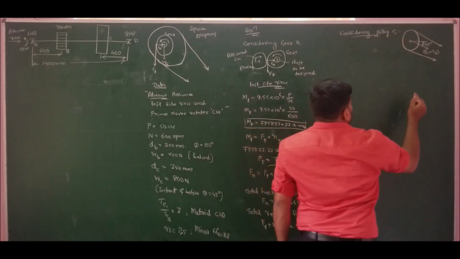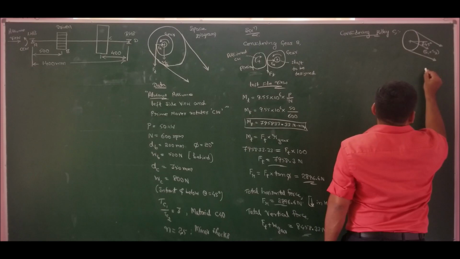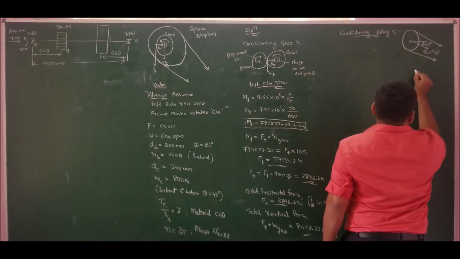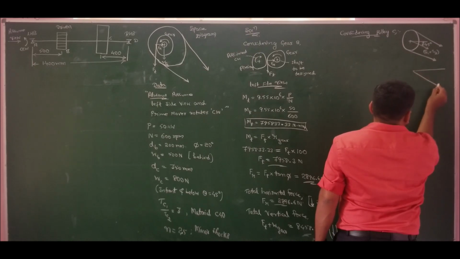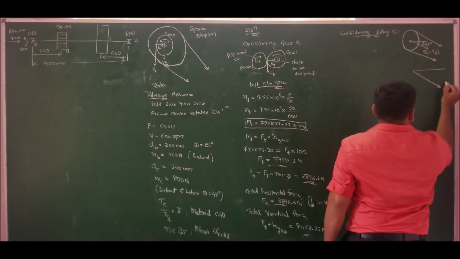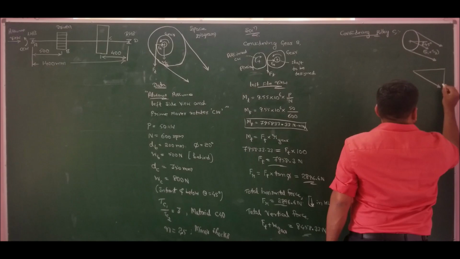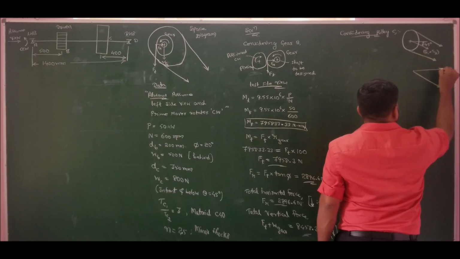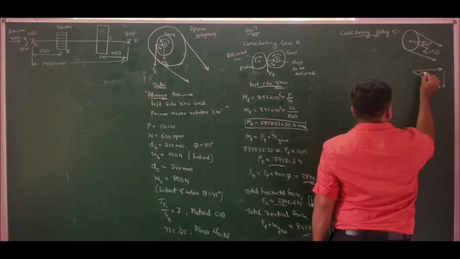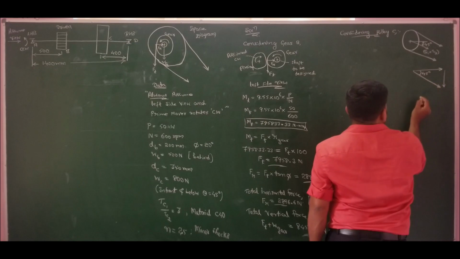Let me resolve it horizontally and vertically. We have the resultant here. If I resolve it vertically, it will act vertically downwards, and horizontally towards like this. This angle is known to us. This is 45 degrees.